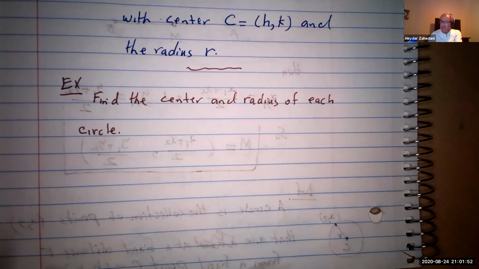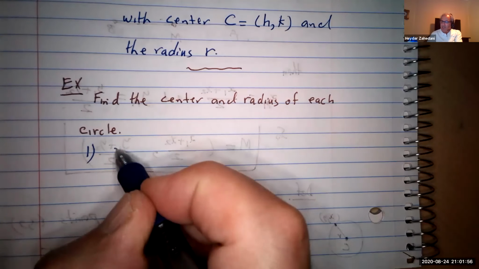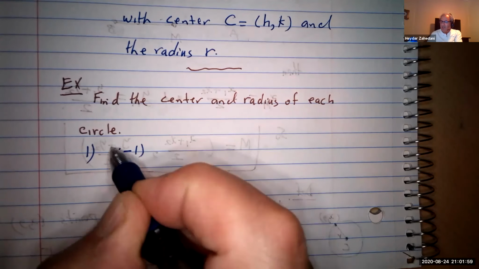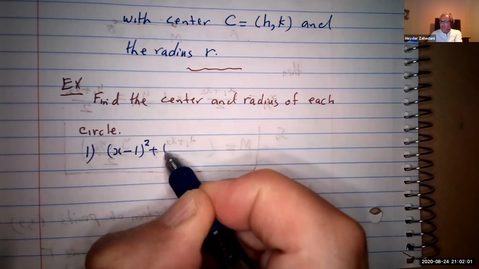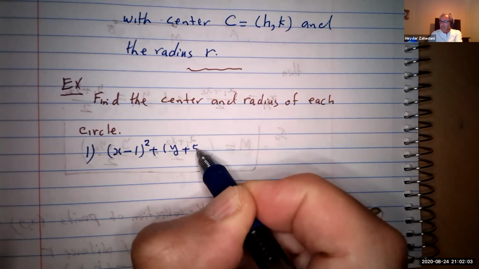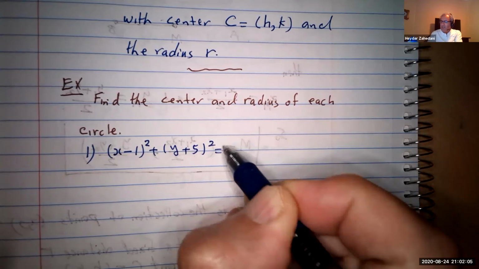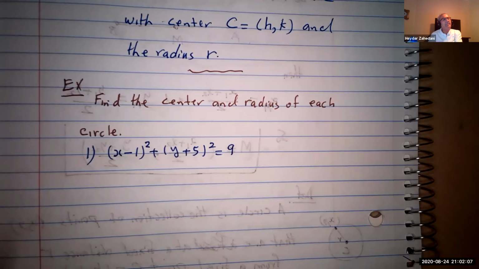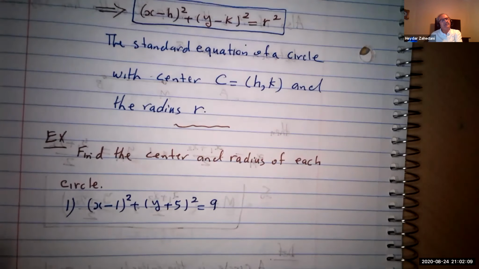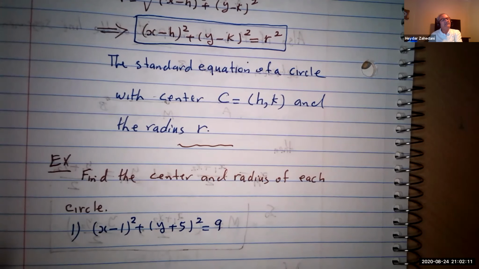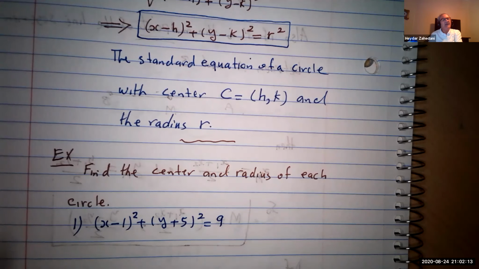The first one is x minus 1 squared plus y plus 5 squared equal to 9. You just compare with the formula and give us the center and the radius.